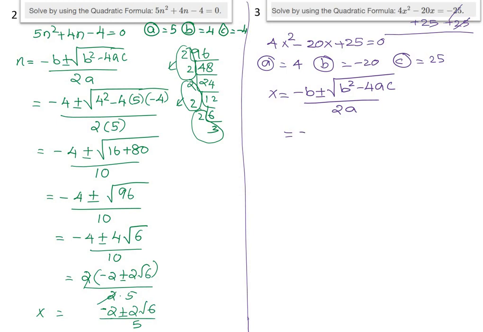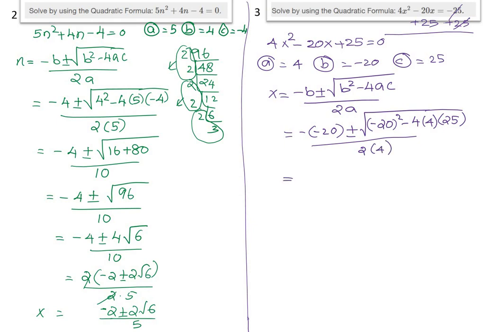Negative of negative 20, because the b value is negative 20, but we have to assign a negative in front of that, plus or minus square root of negative 20 square minus 4 times a is 4, c is 25, divided by 2 times 4.